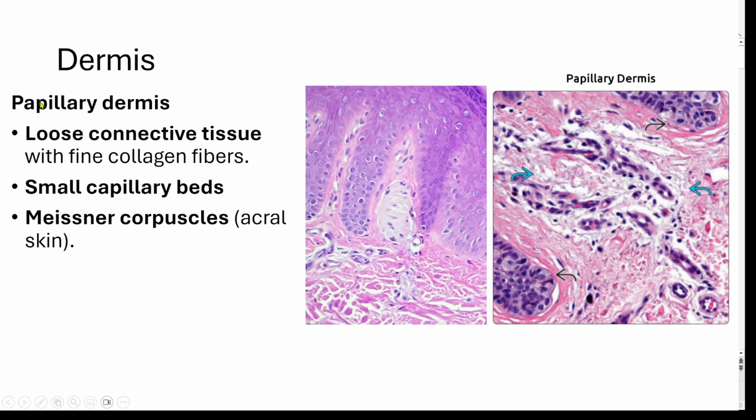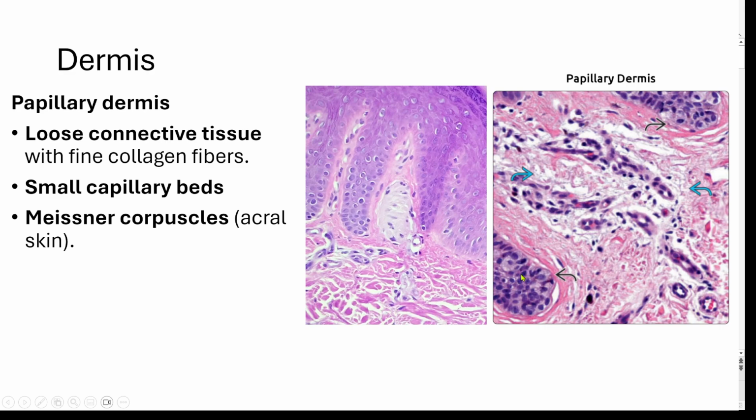Then we have the dermis. The dermis is composed of two parts. We can call it the papillary dermis and the reticular dermis. The papillary dermis is very loose connective tissue with fine collagen fibers. There is mostly type 1 collagen and a little bit of type 3 collagen. And it does look very pale because it has mucin inside it.